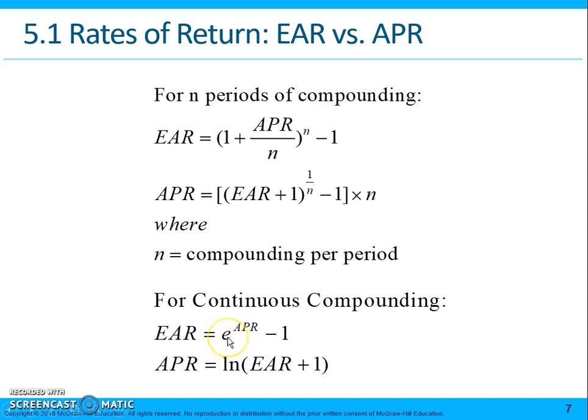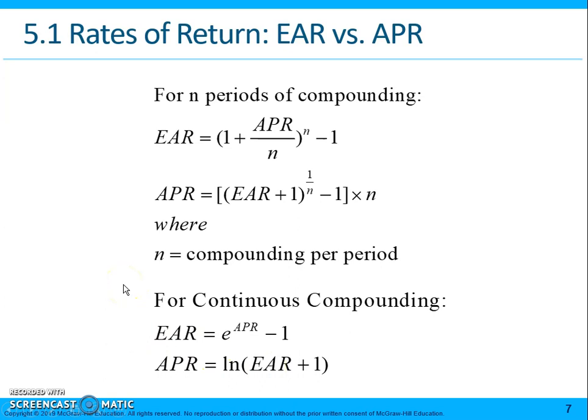If you go back to our 12% mortgage example, it's e to the 0.12 minus 1 that would give you the EAR for an APR. To convert the EAR back to an APR, you take the natural log of the EAR plus 1, and there is a natural log function on your calculator as well.